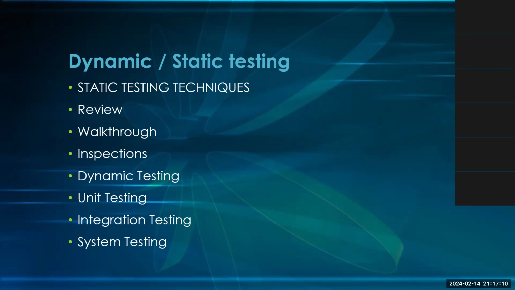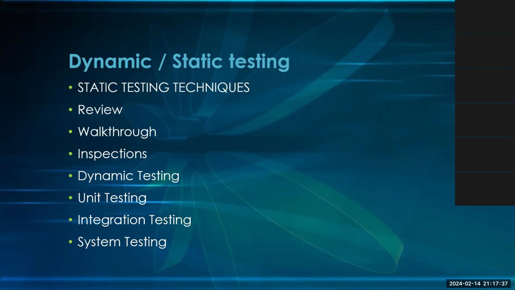walkthrough. For the walkthrough, this is informal in the sense that it's not pre-planned. Say for instance you are in a team and somebody does not have a clear understanding of the documentation that you're working on.